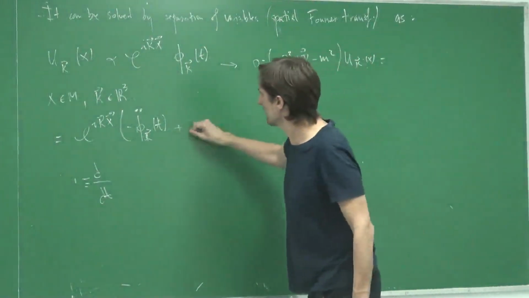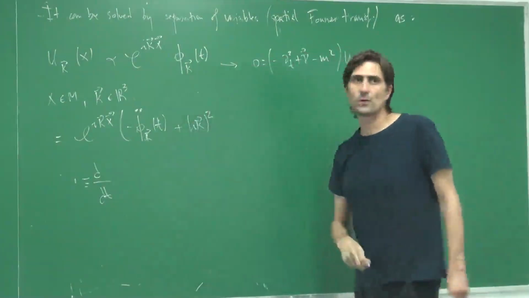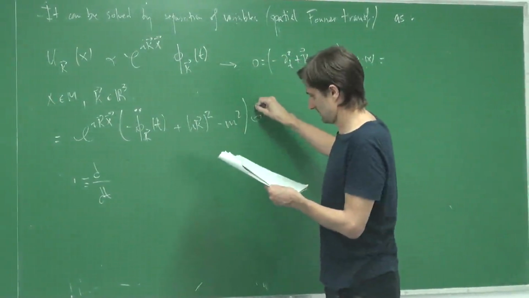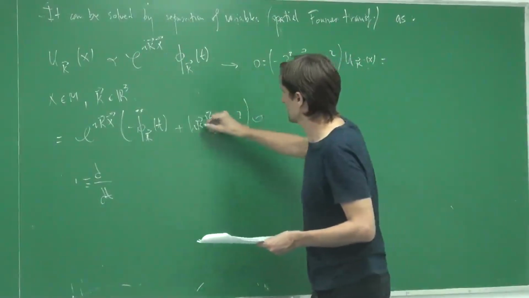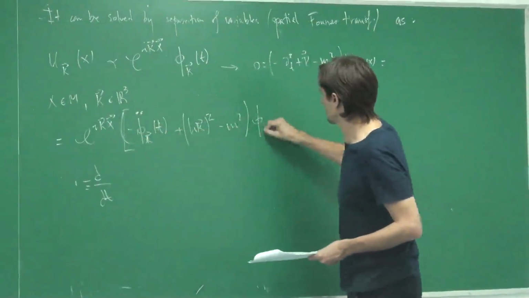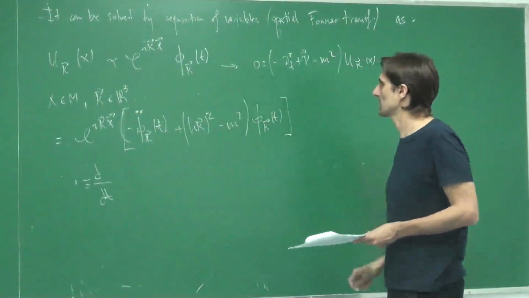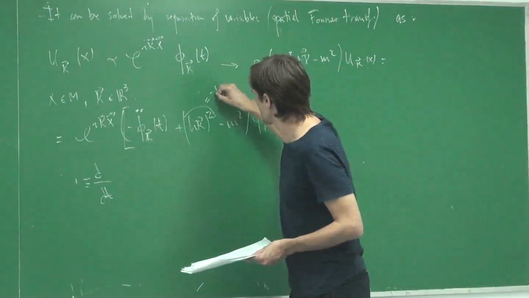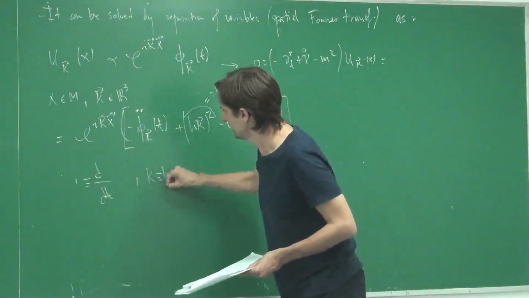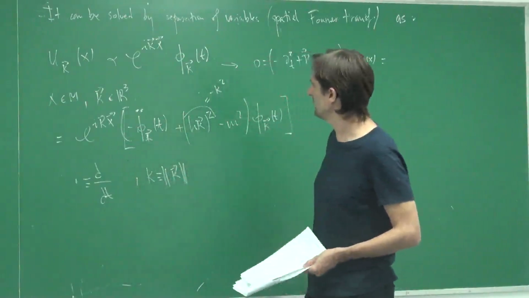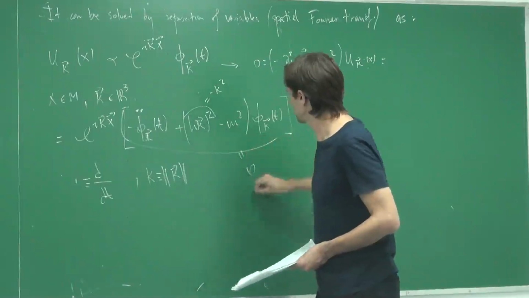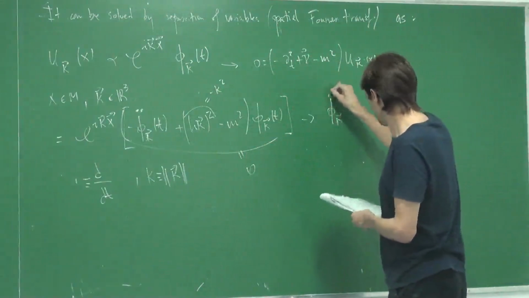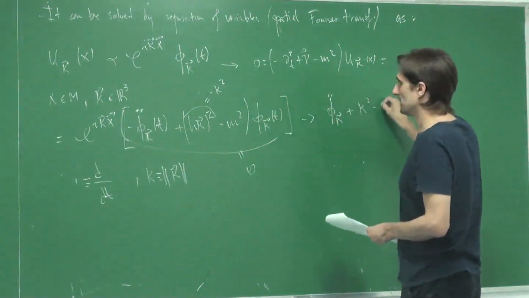From the Laplacian, you just have (ik) squared, because it's a second derivative, minus m squared. So we want this to be 0. This is just minus k squared, where k is just the absolute value of the vector k. And we want this to be 0. Okay, so this is the second time derivative plus k squared plus m squared.